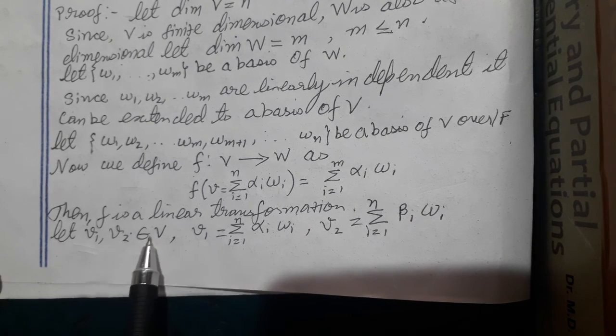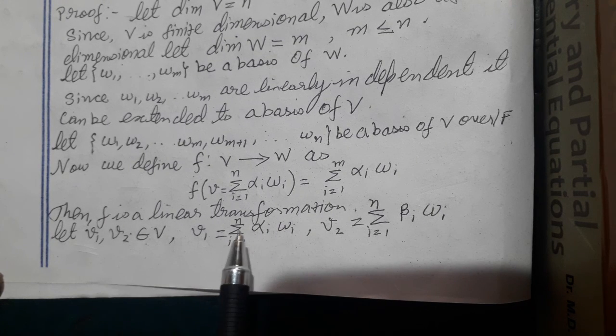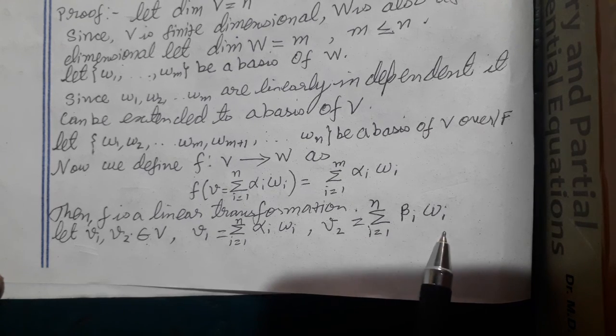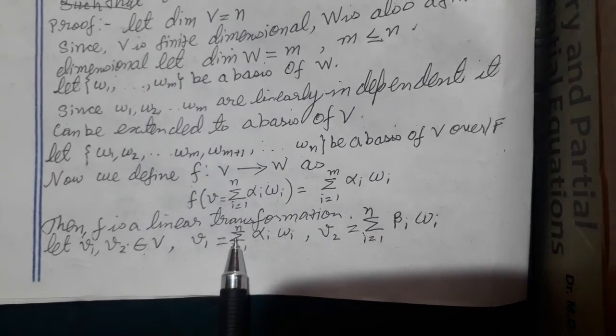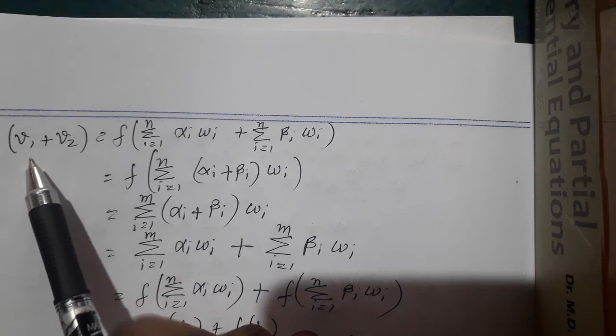So we'll take two elements from V. The elements in V look somewhat like this: v1 equal to summation i equal to 1 to n alpha i wi, and v2 equal to summation i equal to 1 to n beta i wi. So we'll add these two.